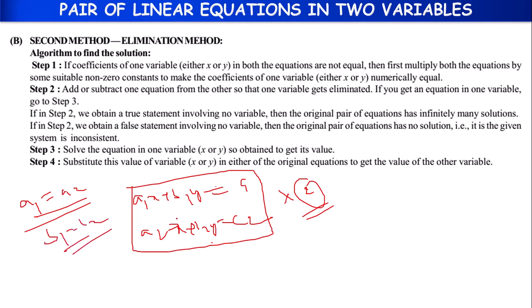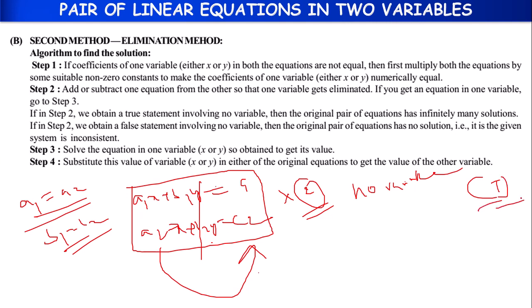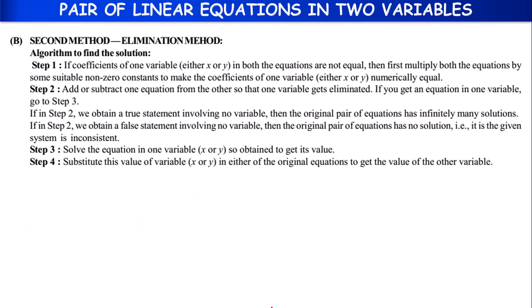After that, you can eliminate one variable and find the value of the other variable. While solving, if there is no variable and the statement is true, you will have infinitely many solutions. If there is no variable and the statement is false, there will be no solution. So this is the second method, children, the elimination method.